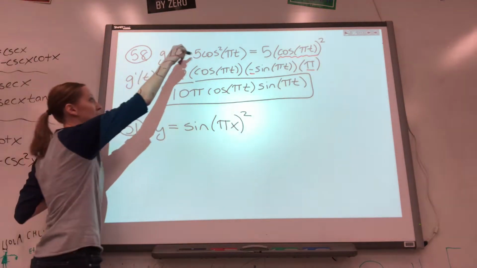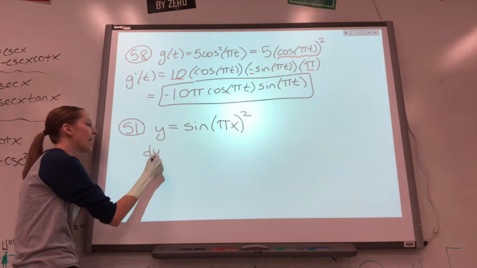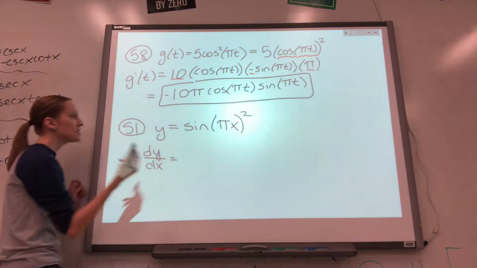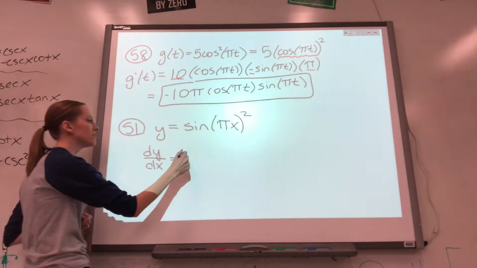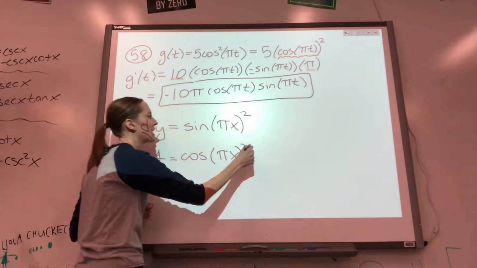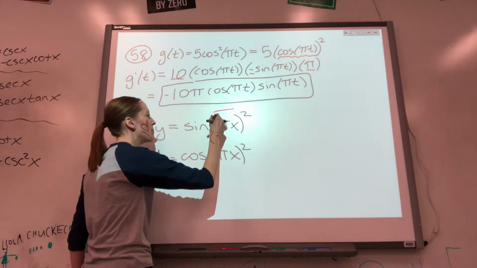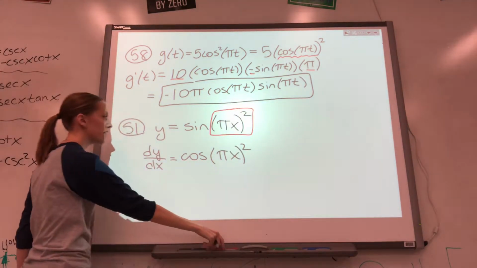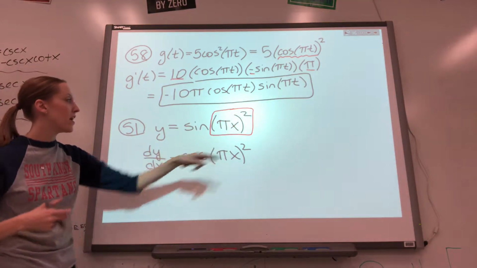So we're not going to do it the same way we did 58 and 60. I would just start out using the chain rule for trig functions. The derivative of sine is cosine. Leave everything the same after that, but then come back and take the derivative of the part after the trig function.